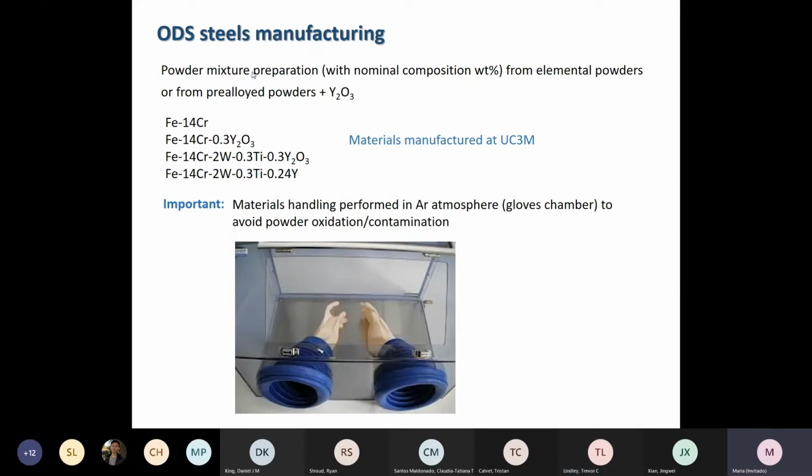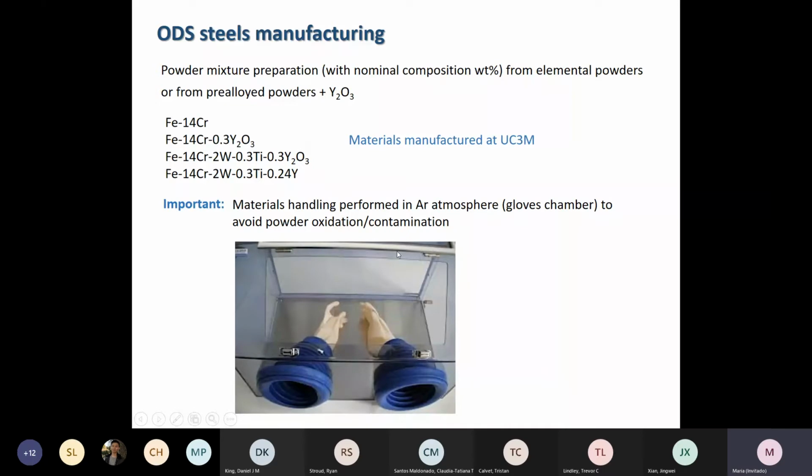So we started adding just yttrium oxide particles, and after that, tungsten and titanium, because tungsten forms stable precipitates that can enhance the mechanical properties, and the presence of titanium has demonstrated that it refines the distribution of the nanoparticles and also the microstructure of the material.